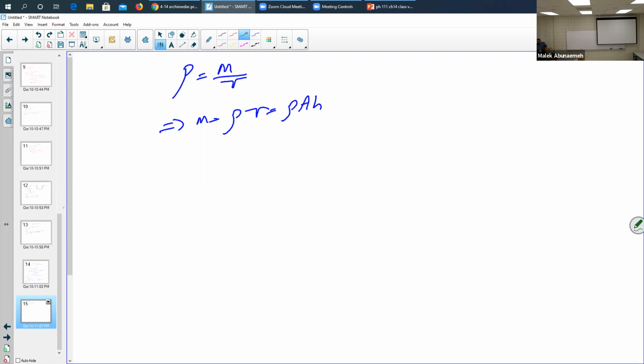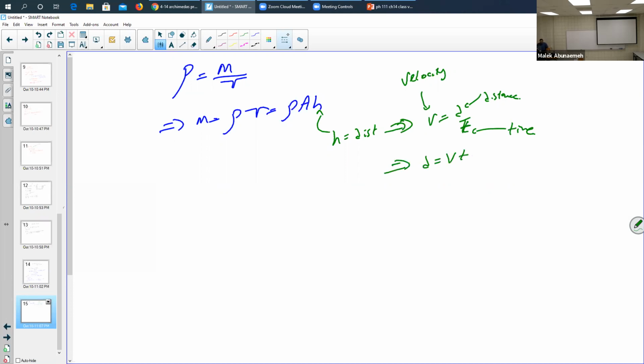Now, your height is actually a distance, which is velocity, distance over time. That means your distance equals velocity multiplied by time.